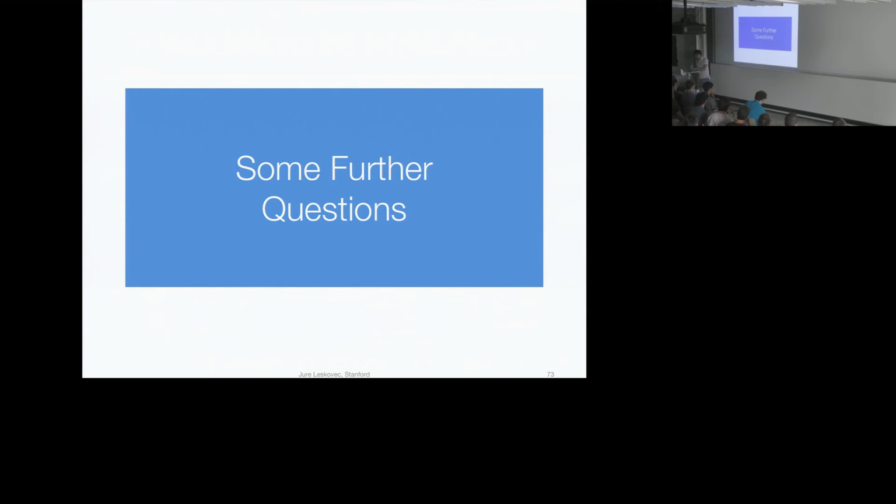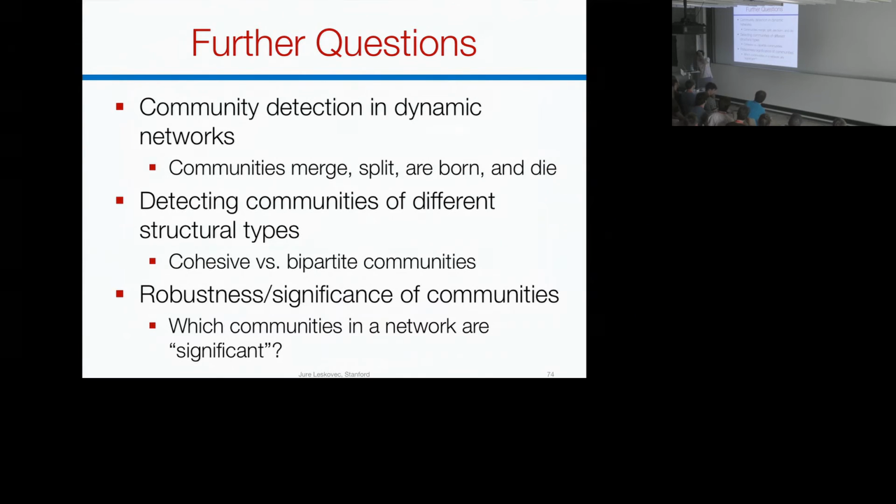I want to spend 2 slides on asking what some interesting questions are. It's interesting to take this idea and push it further: how do you think about doing these things in networks that are not static?